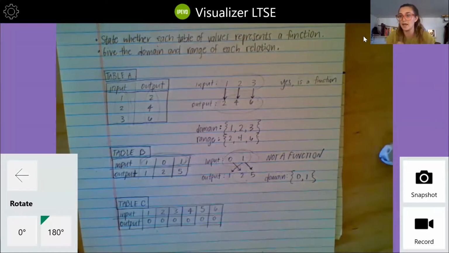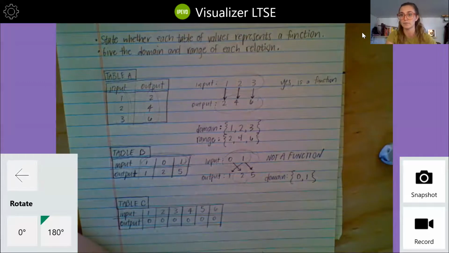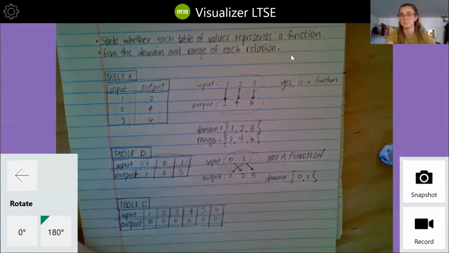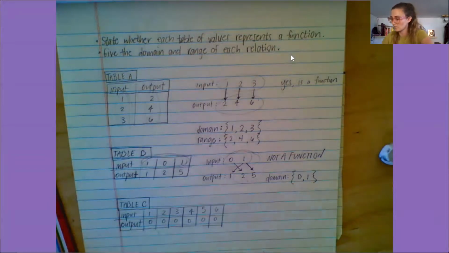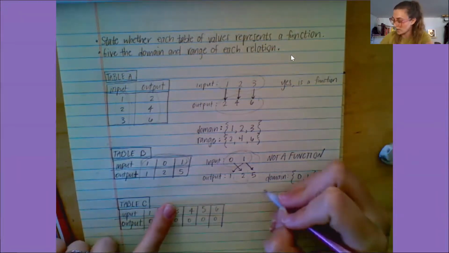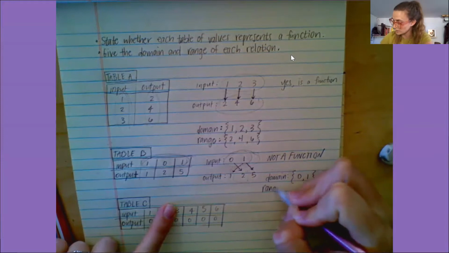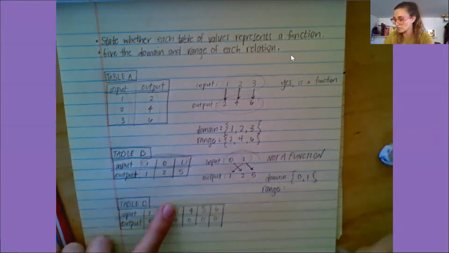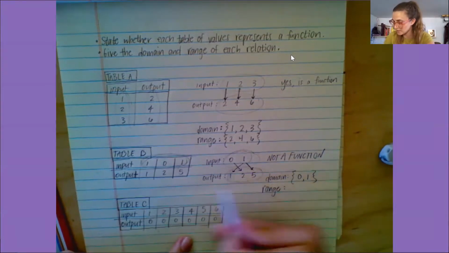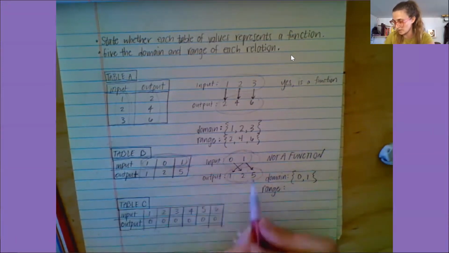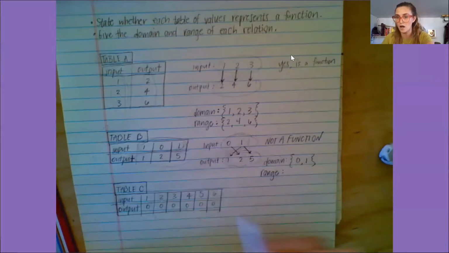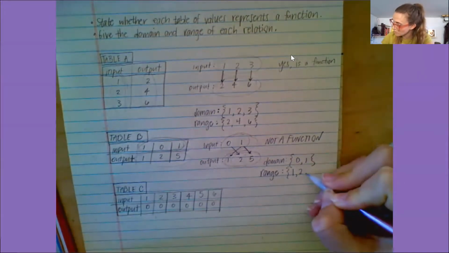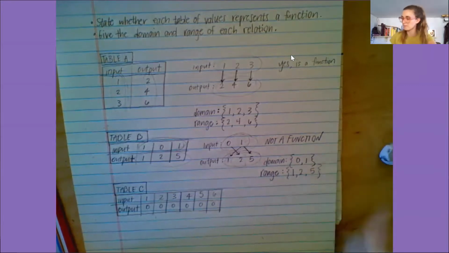But take a minute and try to figure it out yourself first. Okay, so my range, again, is going to be my output values. So my range is 1, 2, and 5.